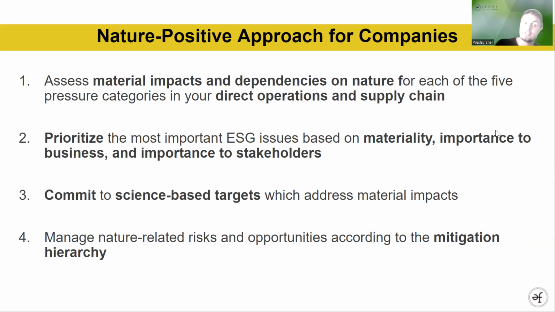So the first is that companies need to assess their material impacts and dependencies on nature for each of the 5 pressure categories that I described before. And that needs to be done for your direct operations and your supply chain. This is really important. So if you remember from Valerio's topic on scopes 1, 2, and 3, this is also being ported over to the nature positive approach.